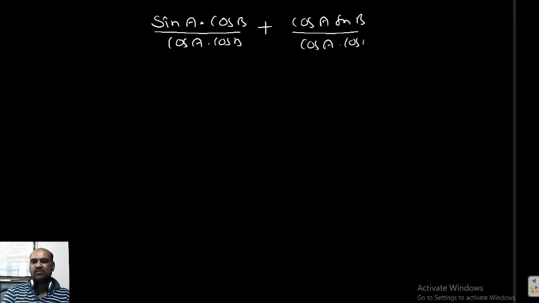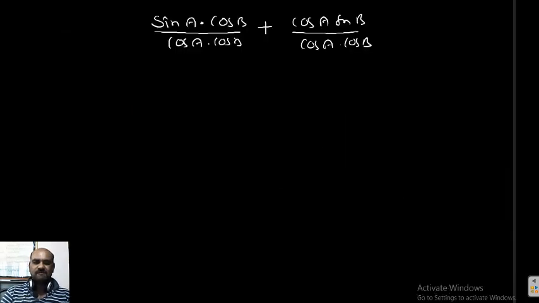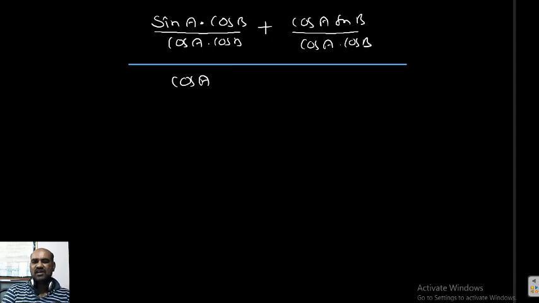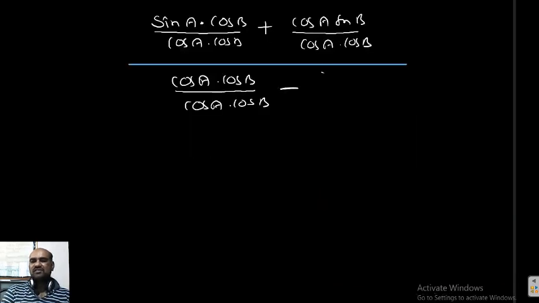This is the numerator, just this by this plus this by this. Now the denominator should be cos a cos b by cos a cos b minus sin a sin b by cos a cos b.